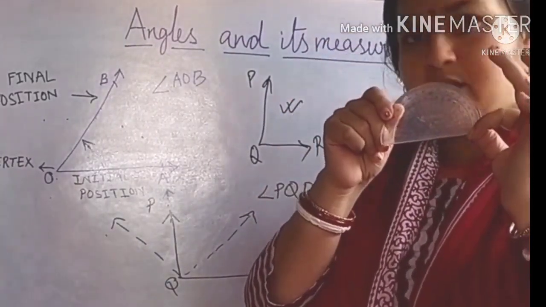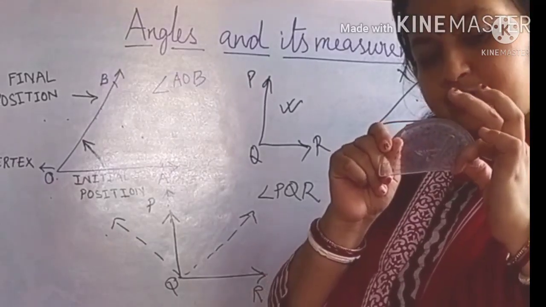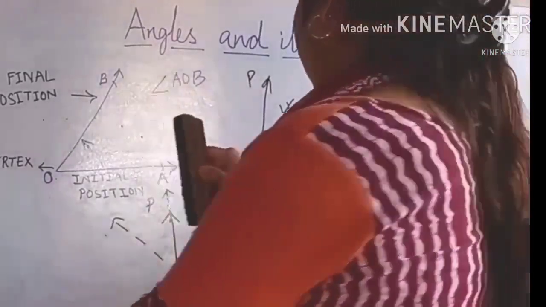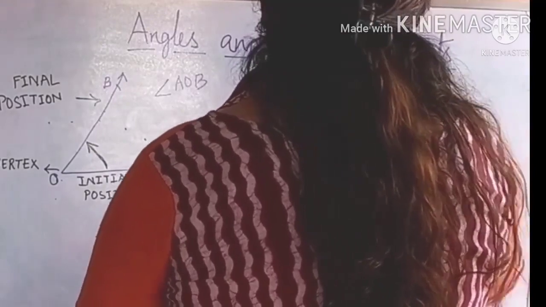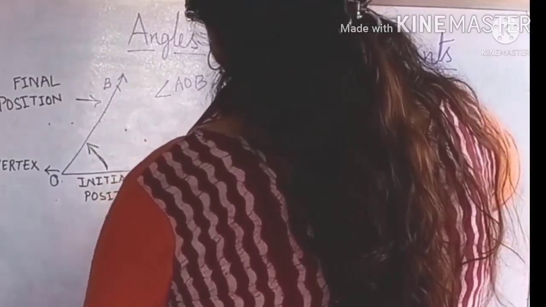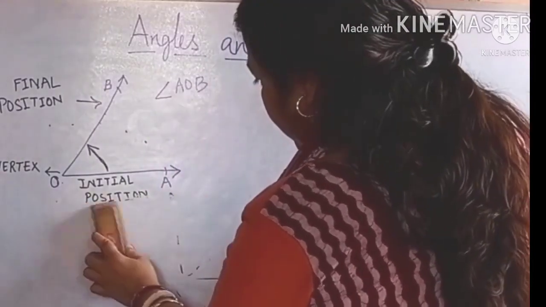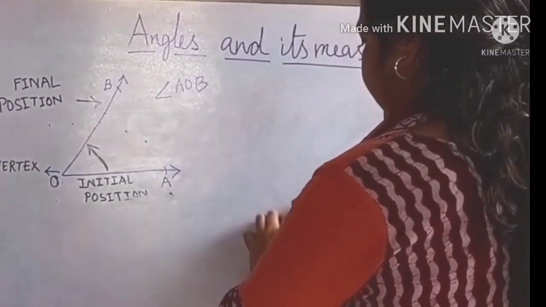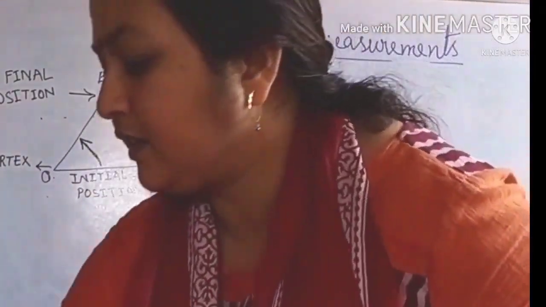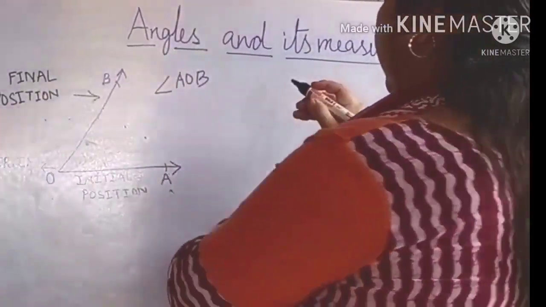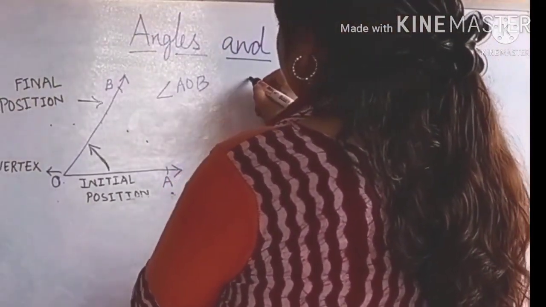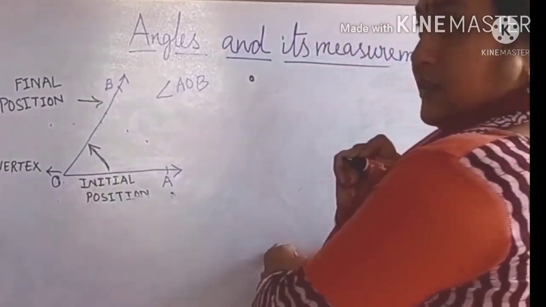Hope you remember this. You have already done it in class 5, right? Now, how is an angle measured? The angle is measured by using a protractor. And what is the symbol to write this measurement? The symbol is degree, which is like a small circle.